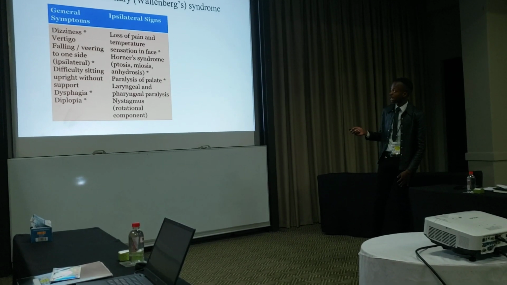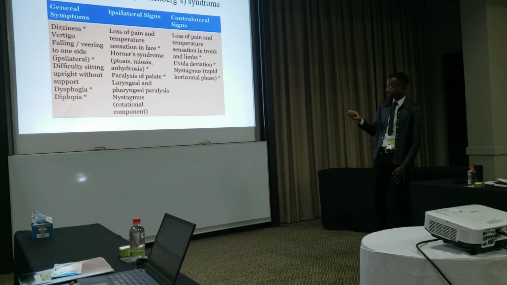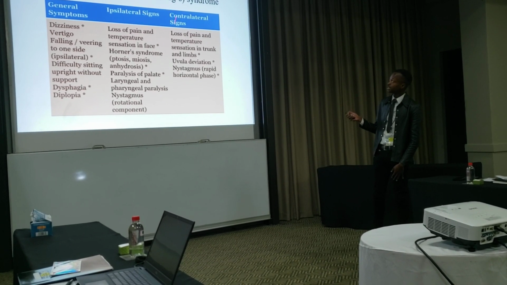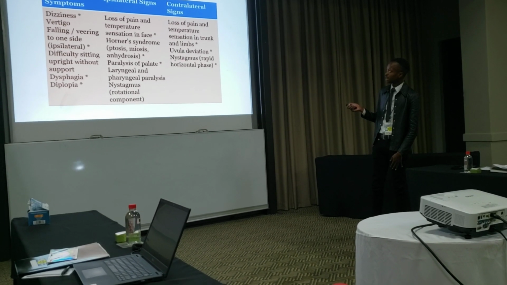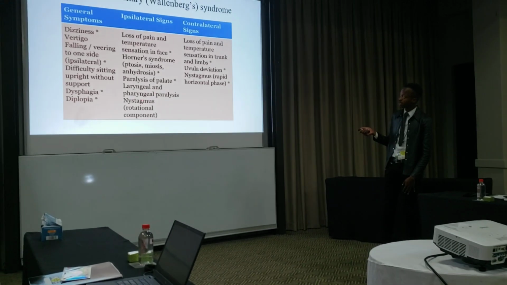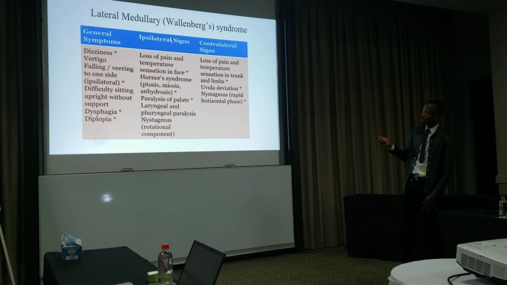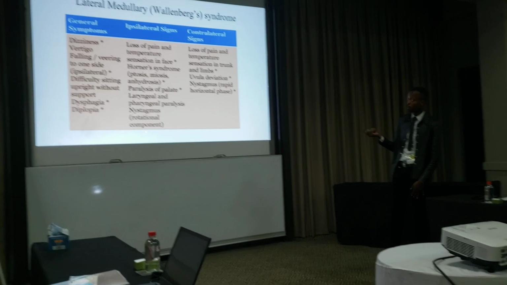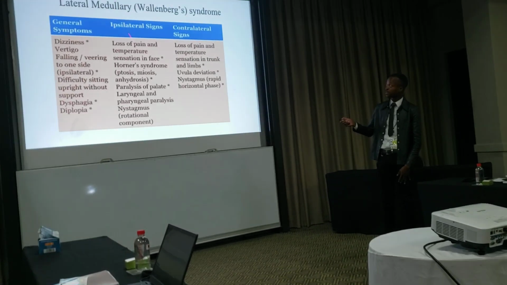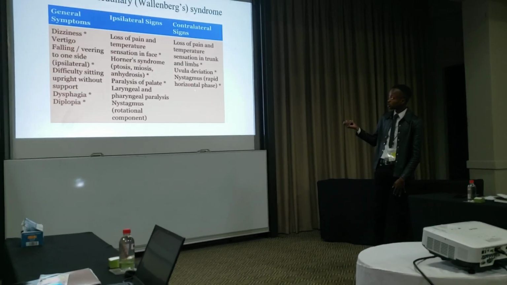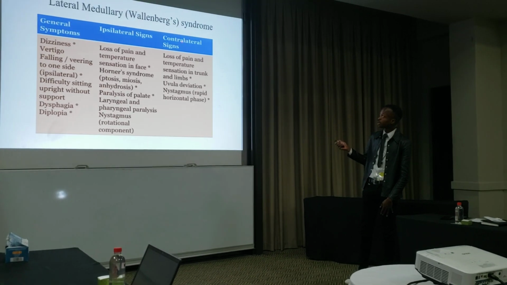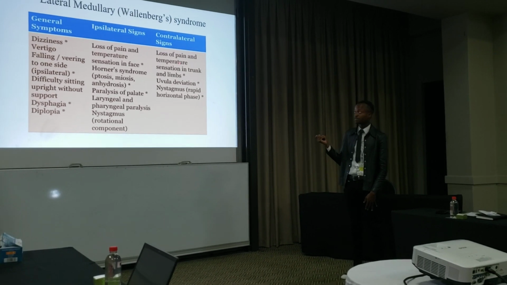But when you look at the ipsilateral and the contralateral signs, more importantly, we're going to have nystagmus. If it's ipsilateral, there's going to be a rotational component for the nystagmus versus the horizontal component that is associated with the contralateral problems.